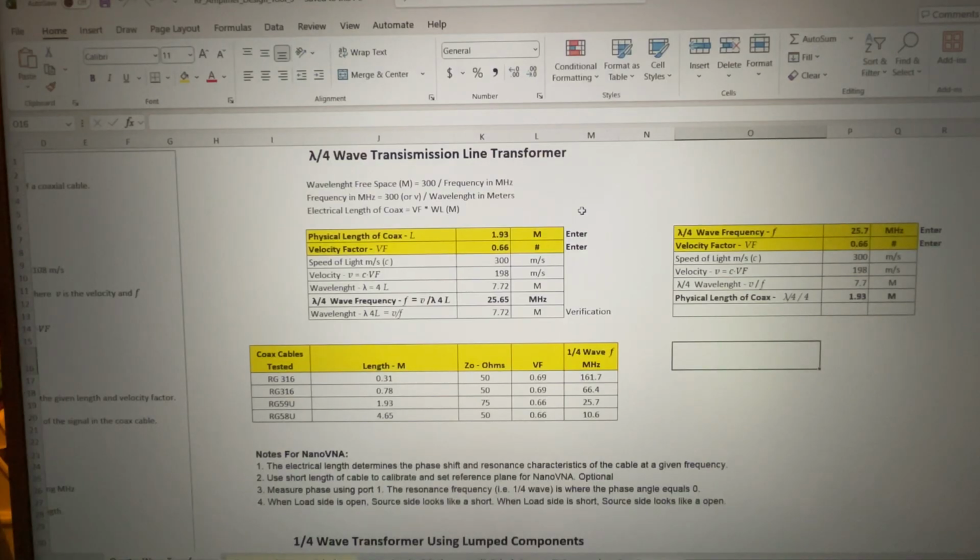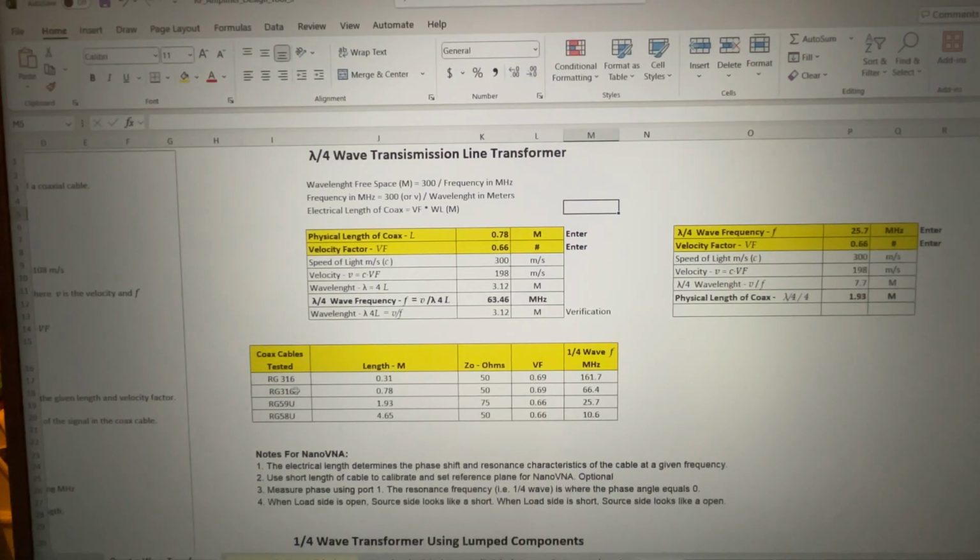So I did this for 4 sections of coax, and let's just go ahead and use the length that's 0.78 meters. So let's just put that in here. I went to 0.78, and it calculates our frequency.